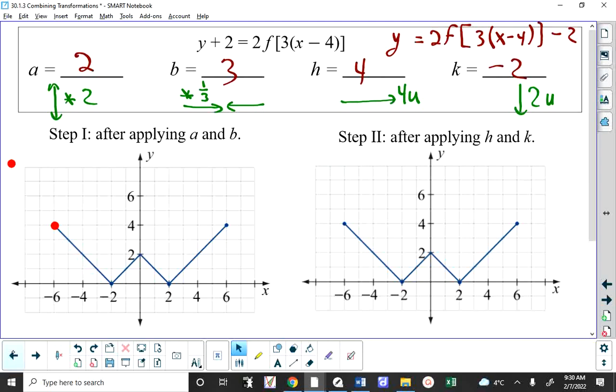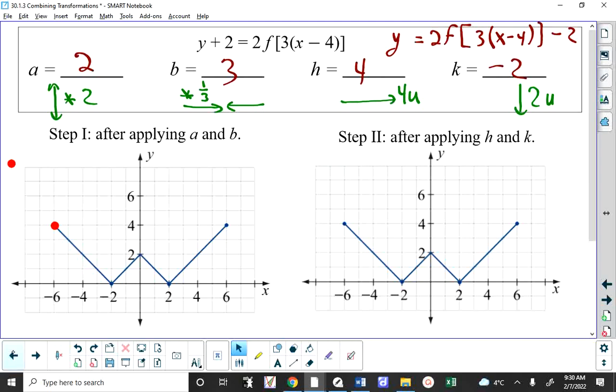And I also need to, I could say at the same time, or I could say followed by, it doesn't really matter. I need to stretch that key point that I've highlighted in red horizontally by a factor of 1/3. In other words, that point is going to be twice as far away from the x-axis vertically and 1/3 as far away from the y-axis horizontally.